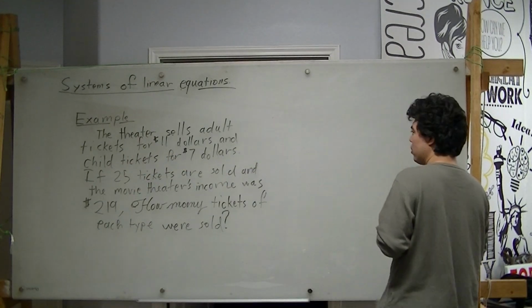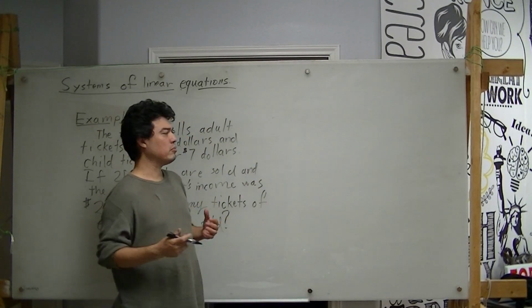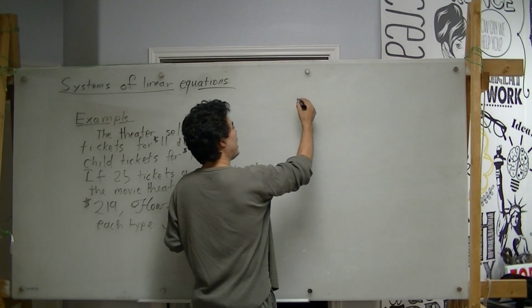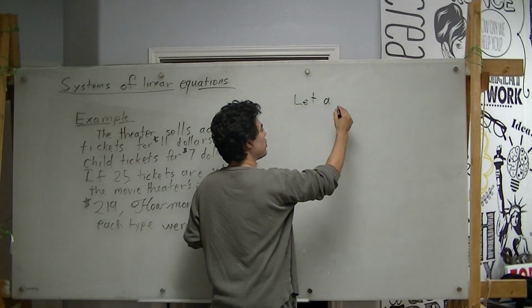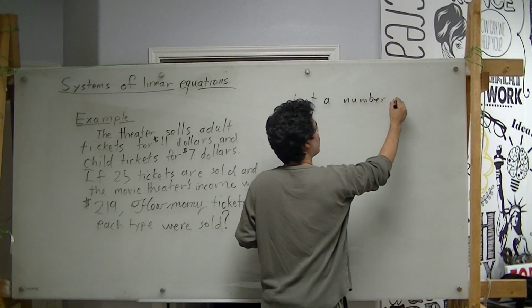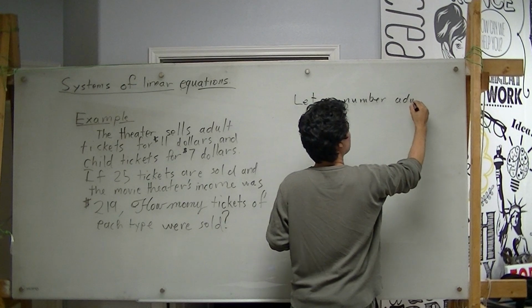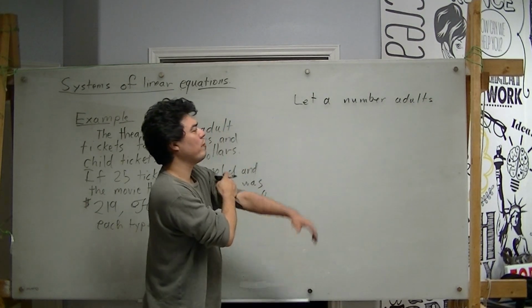So the first thing I'm going to do is give my variables names. So I'm going to let A denote the number of adult tickets. Or let's just say, let A be the number of adults.